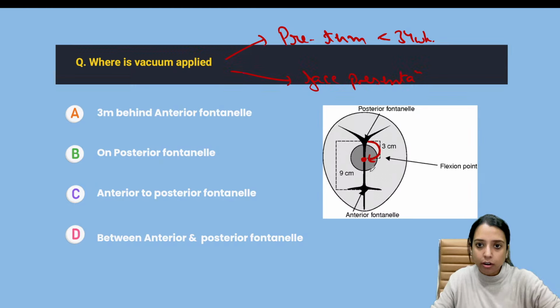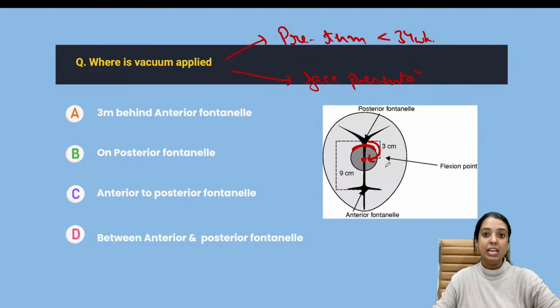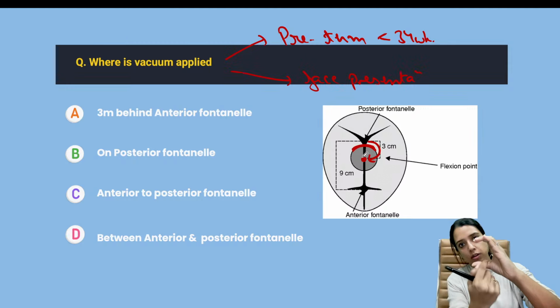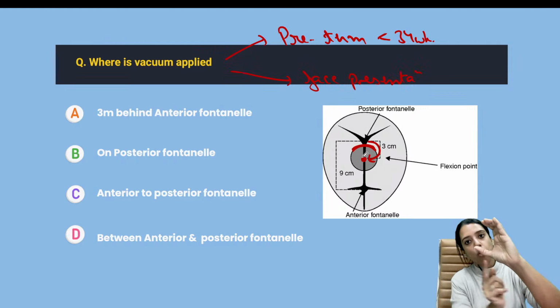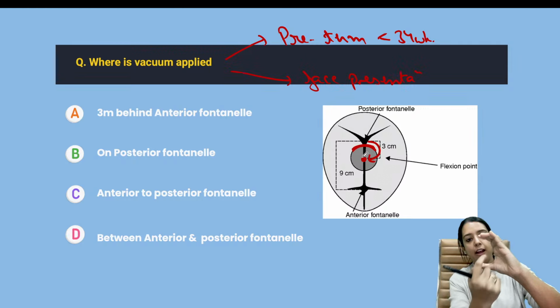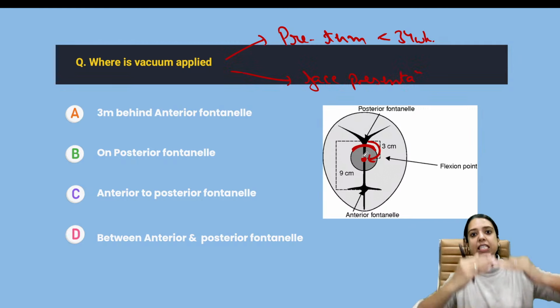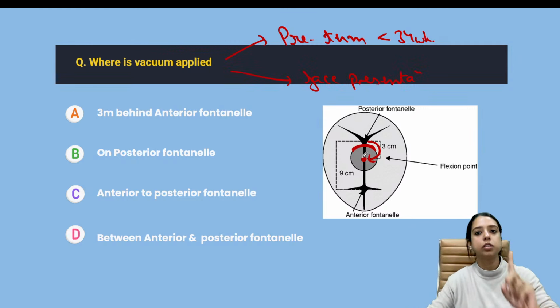The center of your cup should be on the flexion point, which is 3 centimeter in front of the posterior fontanelle. When you apply this way, the rim of your cup is on the fontanelle. When the center of your cup is on the flexion point, the rim is on the fontanelle. And where is this flexion point? 3 centimeter ahead of the posterior fontanelle.